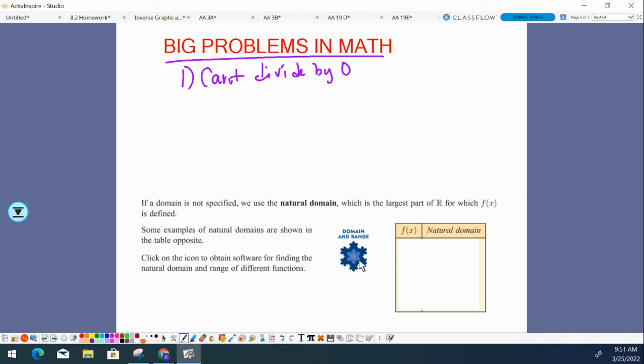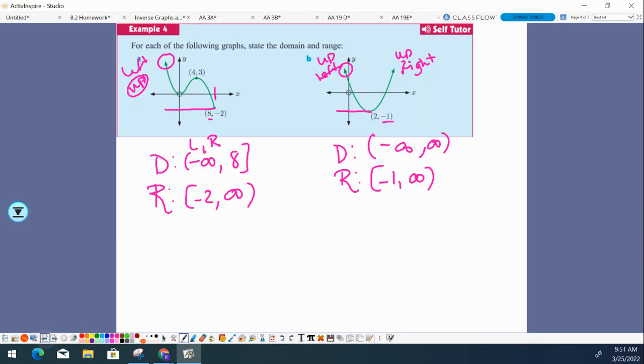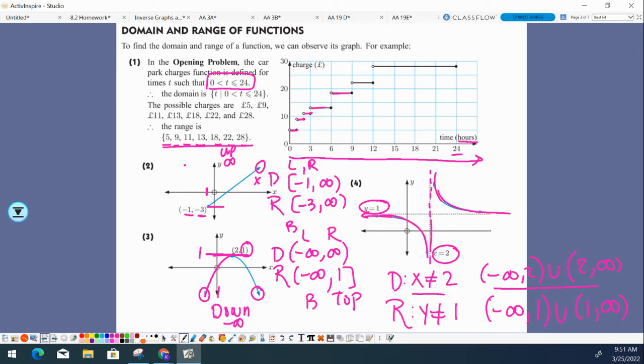We can't put 0 in the denominator. So if you recall, because we can't divide by 0, that actually corresponds to number 4. This asymptote blocks the graph because we can't put 2 into the equation. It would create a 0 in the denominator.